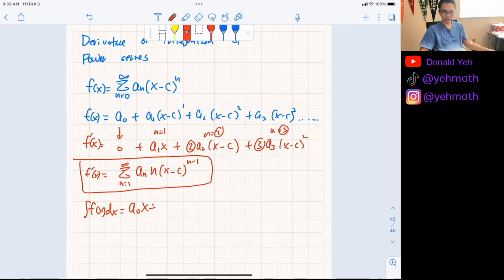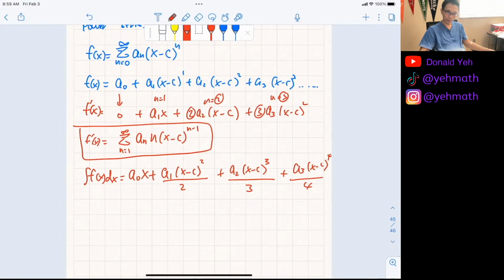What happens if you integrate a1 times x minus c to the first? It's just like integrating x instead of x minus c, so it's going to be x minus c squared over 2, like how you integrate x. Plus a2 times x minus c to the third, sorry, not the second, over 3. Plus a3 times x minus c to the fourth over 4.